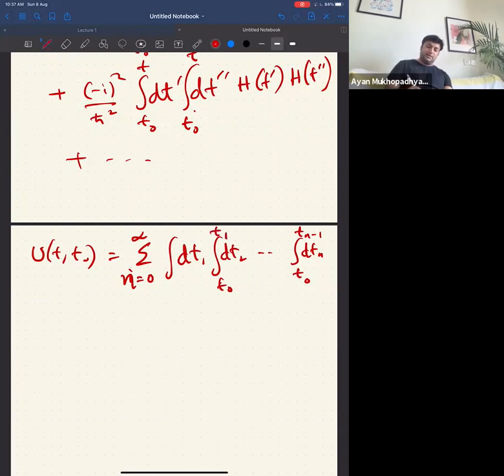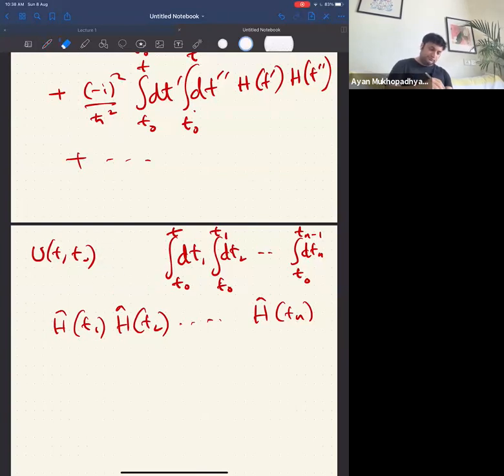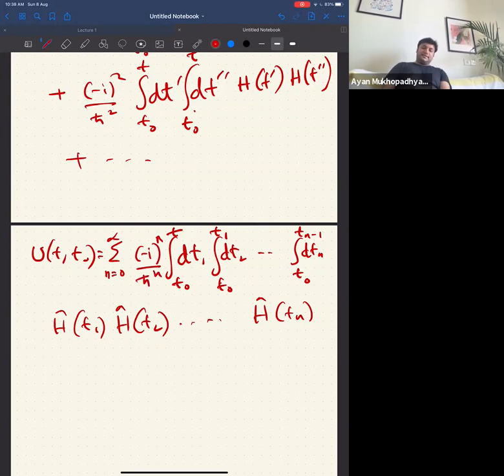So this will go from t0 to t1, and this will go from t0 to t, and then I will have H(t1), H(t2), and then H(tn), right? And then there is a minus i to the power n by ħ to the power n, which should be inside the sum, sorry. So this is what I will have, if I look at this entire series.